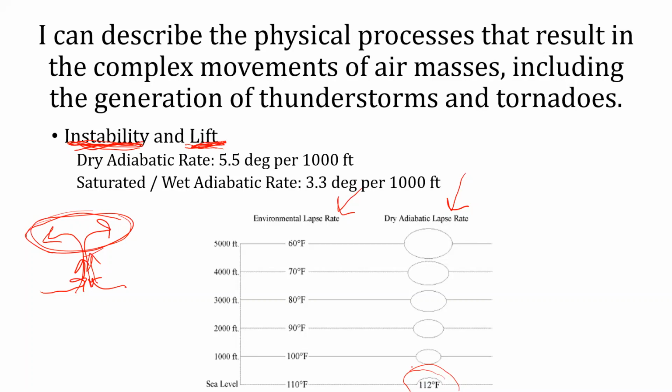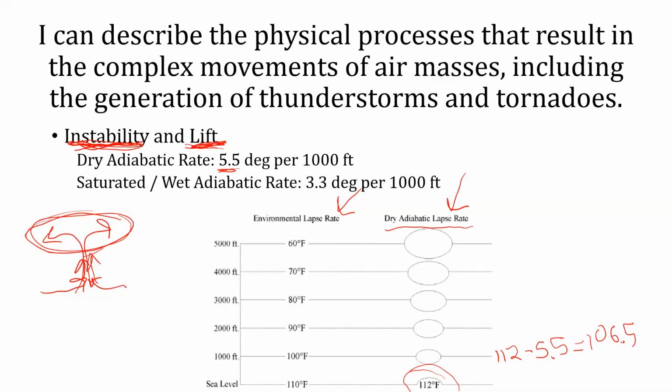In this instance, the dry adiabatic rate is the only one that we're going to model, and that is 5.5 degrees Fahrenheit per 1,000 feet. So all I need to do is 112 minus 5.5, which equals 106.5.